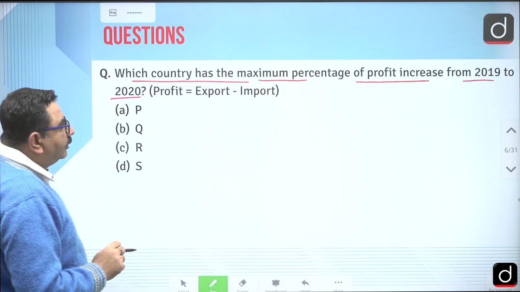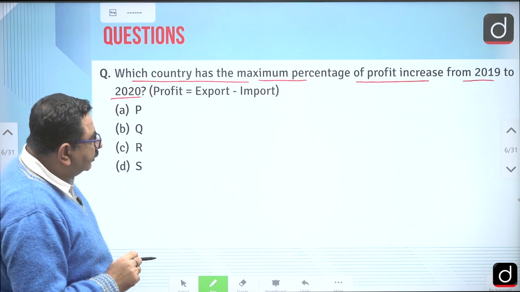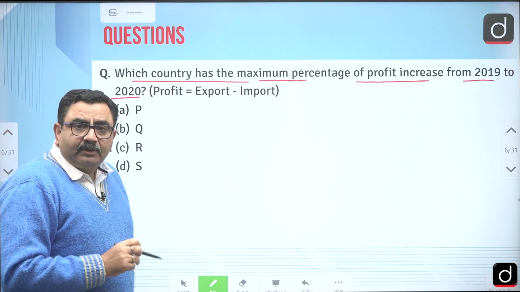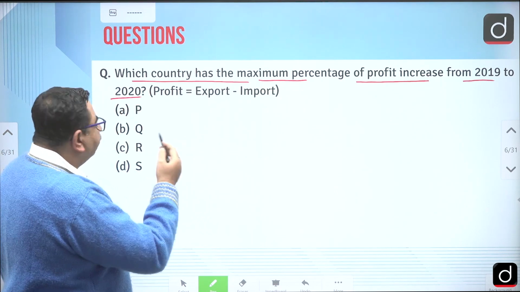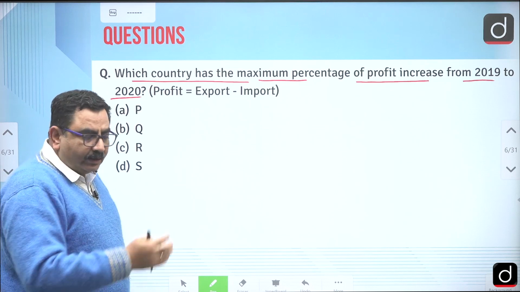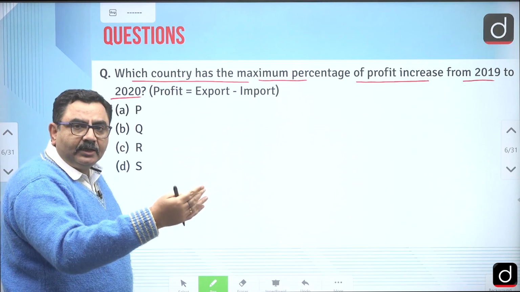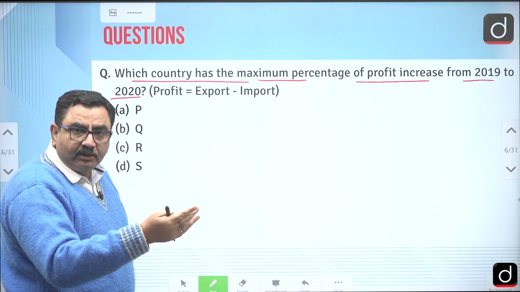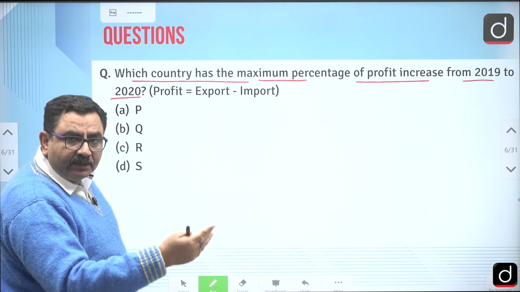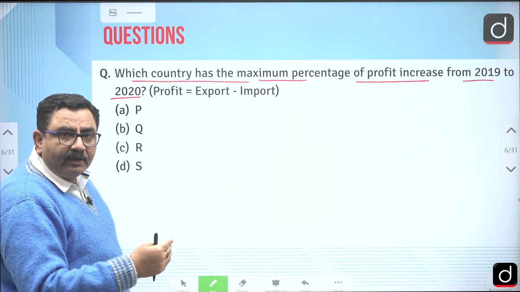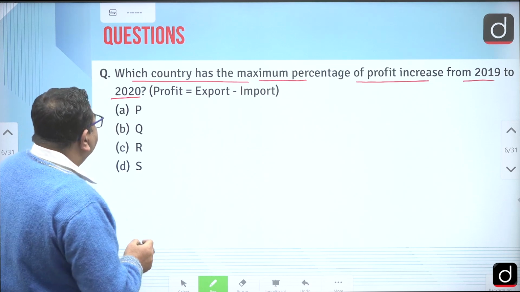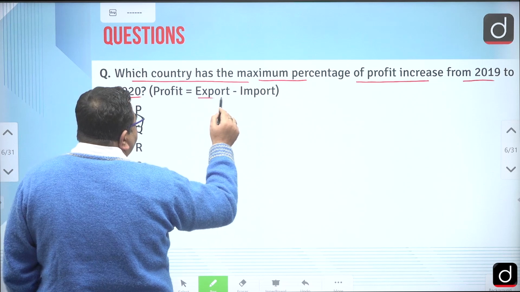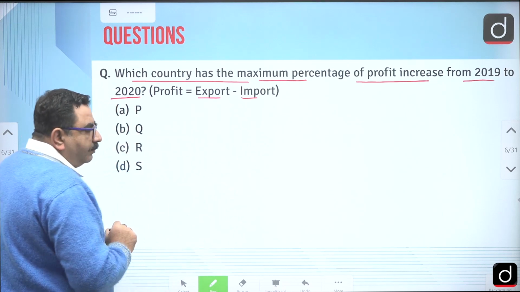There would be some profit in 2019 and some profit in 2020, and we have to find the percentage increase from 19 to 20 and where we get the highest percentage increase. Profit is explained as export minus import.